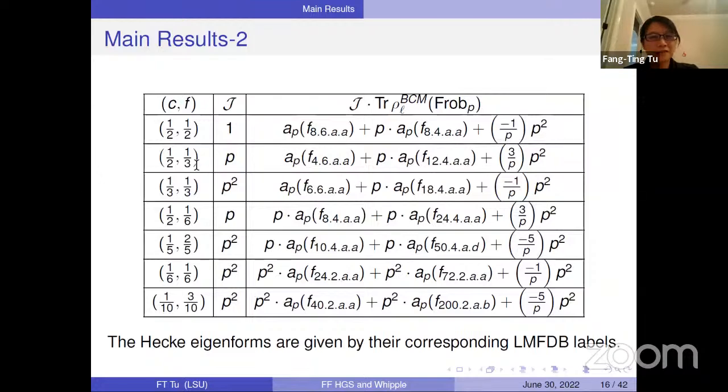And for the 1/3 and 1/3 case, they are expressed in terms of a level 4 weight 6 modular form and a level 12 weight 4 modular form, and some other p-squared terms.